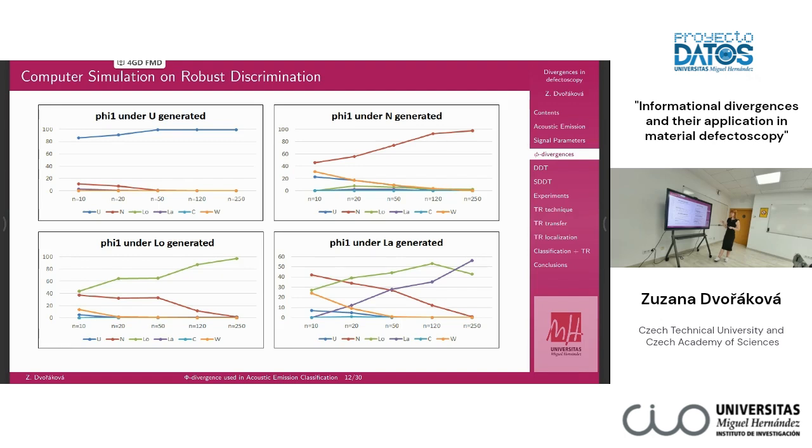If we generate the logarithmic distribution, there were some mistakes for smaller data sets, but for the Laplace generative distribution, the Hellinger divergence doesn't work so well.